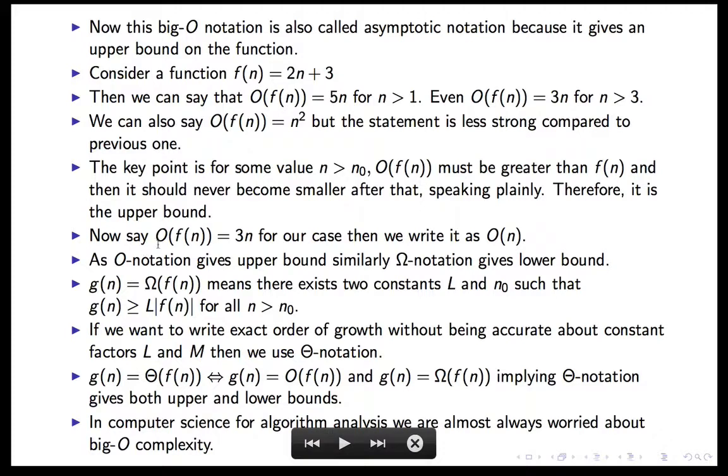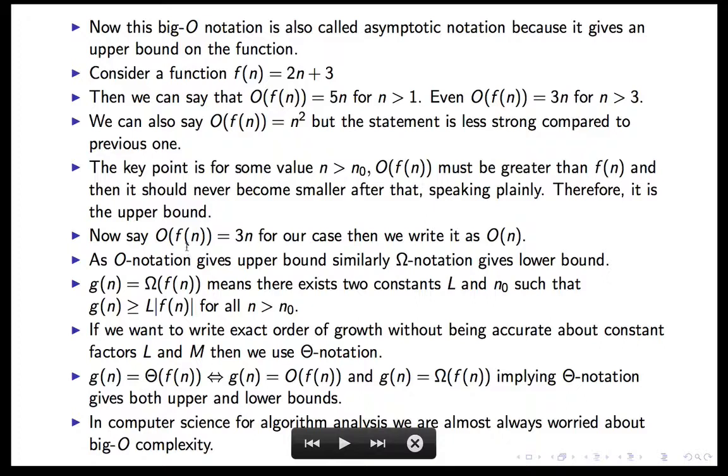So we can say order of f(n), big O of f(n), is equal to 3n. It is commonly written as order of n, because we do not write constants when deciding on functions, since constants we can always compute. It can be 3, it can be 4, it can be 5. Constants can be anything, but the order is n.